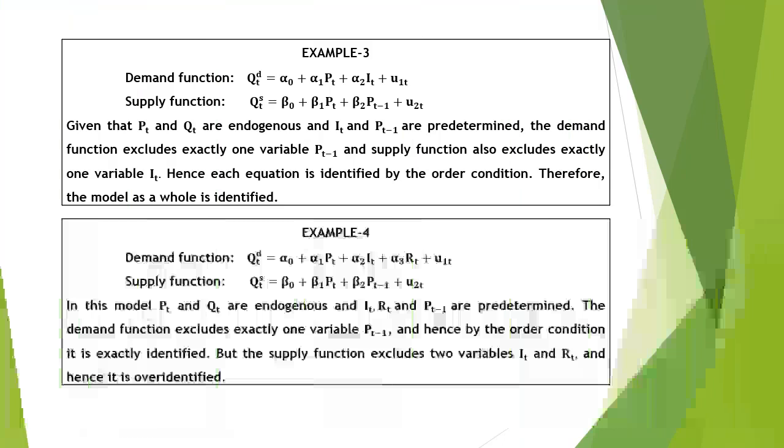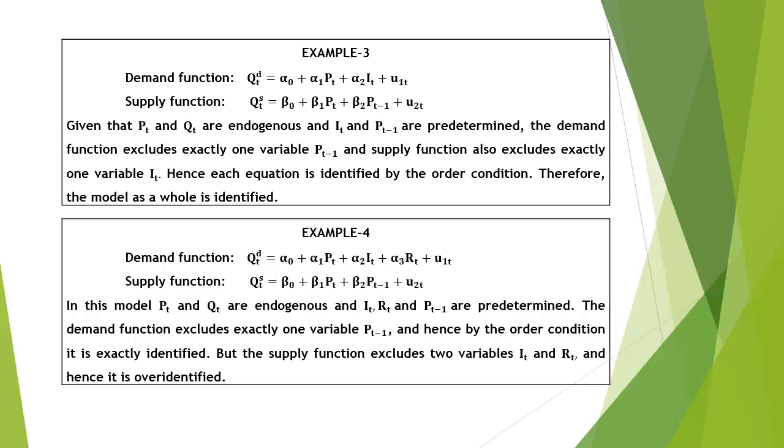See example 3 here. In this example, the demand function remains the same as given in example 2, but the supply function includes an additional variable, Pt minus 1, that is, the lagged value of the price.